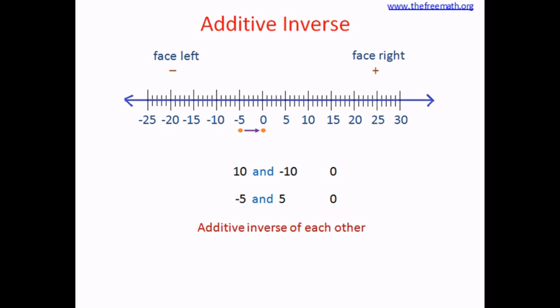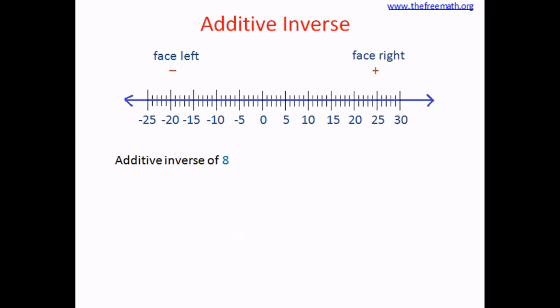So let's see if you can find the additive inverse of 8. What is the additive inverse of 8? Negative 8. And what is the additive inverse of negative 17? That would be positive 17 or 17. Positive 17 and 17 are the same. So if we want to write this using a variable, we can write it like this.